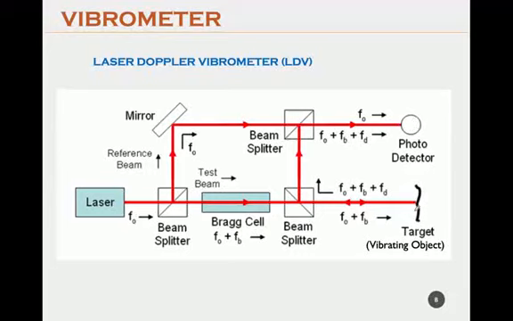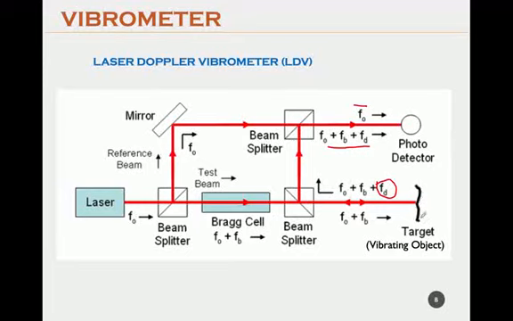Now if the object moves in this direction or in this direction, there will be a frequency shift, or the Doppler shift happens for this frequency. So the Doppler shifted frequency will be going here and falling here. This particular accumulated frequency is compared with the reference frequency in this photodetector, and the difference is an indication of the movement of the target.